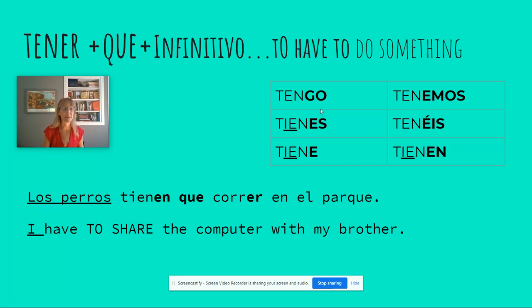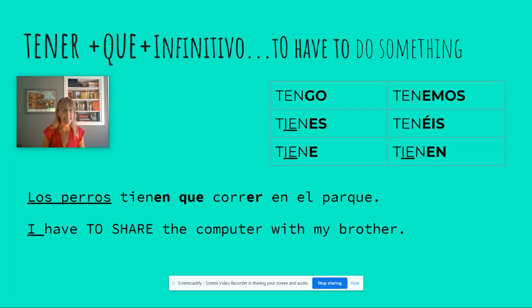We have, repite, yo tengo, like yo tengo 16 años. I have 16 years. We have, repite, tú tienes, you have. Then we have tiene, he, she, or you formal have.